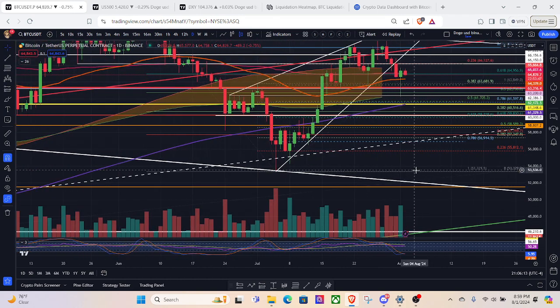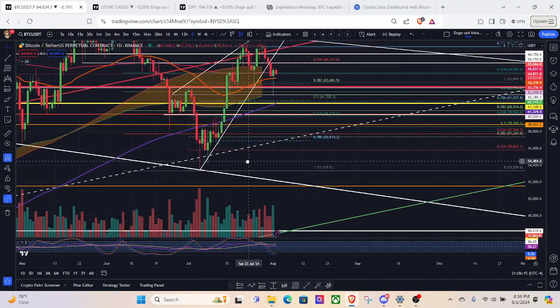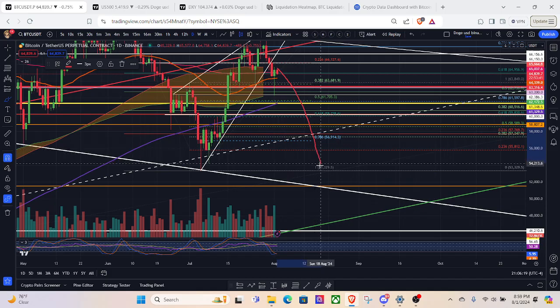What my hope would be is that if we are to go back to the bottom of this channel here, maybe the drop lasts through August, or maybe we have a slower drop or slower bleed out that takes a bit longer, and it ends up going into September, where we might end up going a little bit lower.